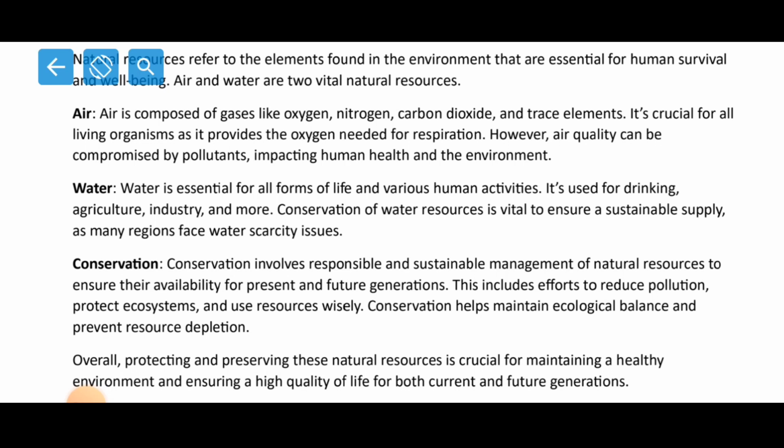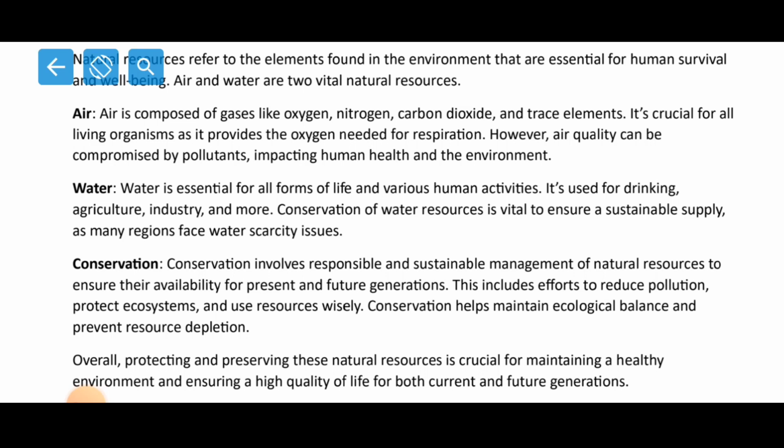Starting from drinking, we need water for washing, irrigation, cleaning, agriculture, and industry. So water is needed everywhere and every day. Therefore conservation of water is very important.